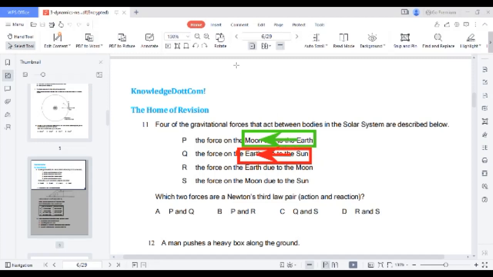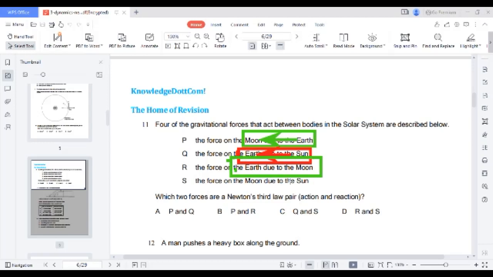Next case, the force on Earth due to moon. This is quite similar to the one in part P, where the force is on moon due to Earth. Now in R, it is on Earth due to moon. So you can say there is Newton's third law, because in the upper case it was an action force, and here it is a reaction force.